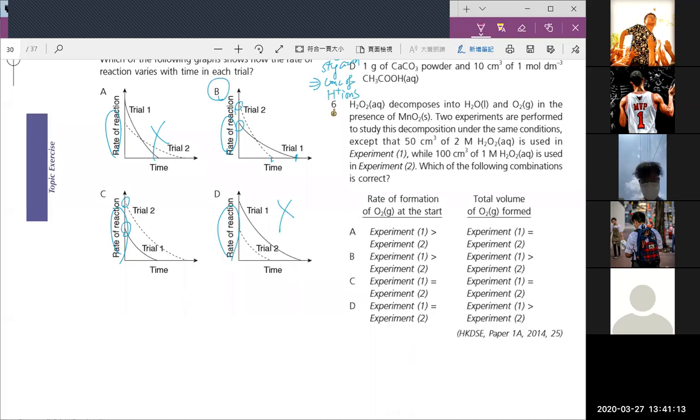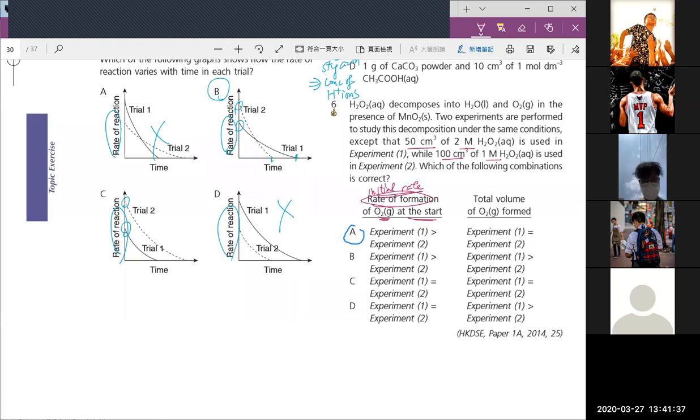Now you are going to compare the rate of formation of this one at the start, which means you are going to compare the initial rate. Okay? So the initial rate of oxygen gas depends on what? Take a look at the case. Now we have got 50 cm3, 100 cm3, 2 molar, 1 molar. So which item should be considered?